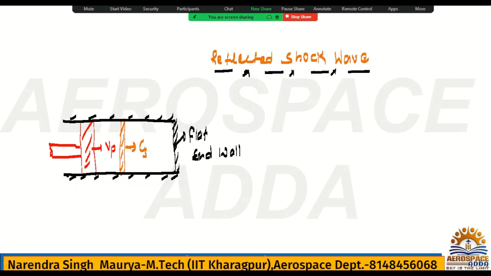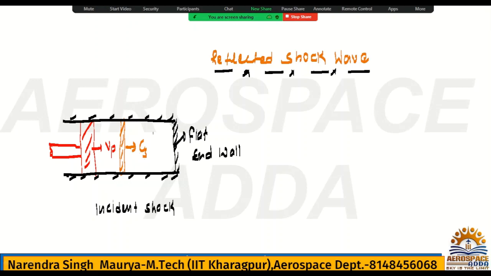So you can say ahead of the incident shock. This is the incident shock tube. Incident shock. Okay. So that shock speed is Cs. But once it goes and is incident on a flat end wall, ahead of that incident shock, the mass motion velocity is V1.